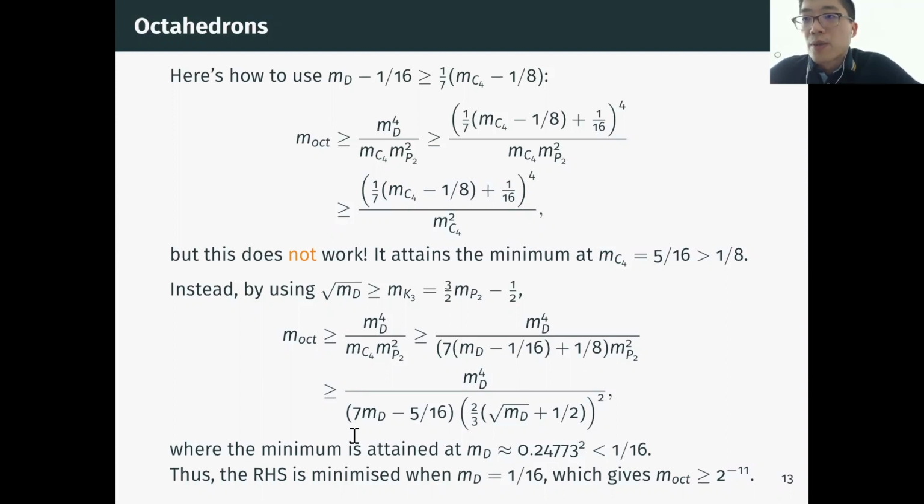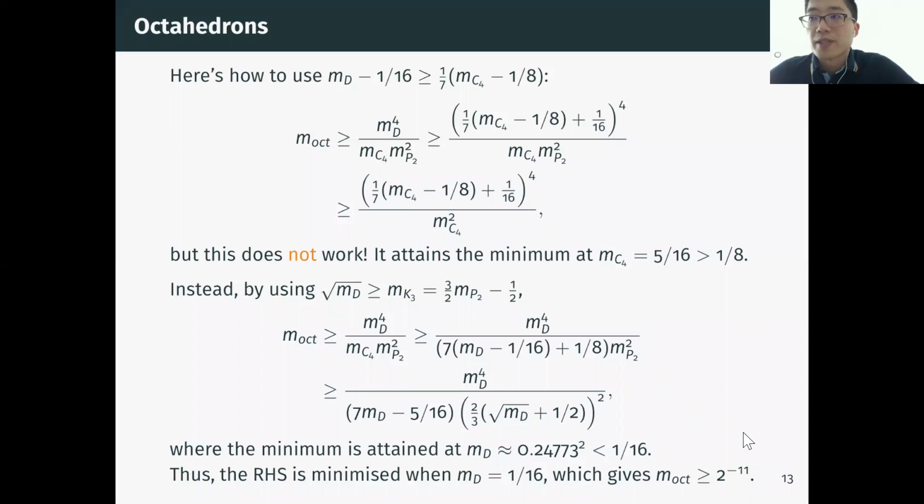So then I have this rational function, and this particular rational function attains a minimum at this value, which is slightly smaller than 1/16. And hence I can argue that because my diamonds are common, this rational function attains a minimum at 1/16, which gives the correct bound for the monochromatic copies of the octahedron.